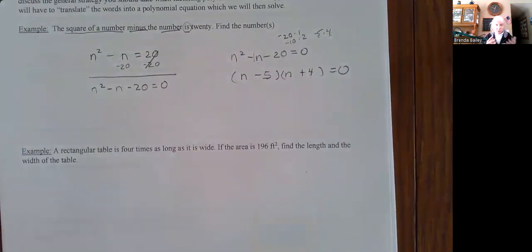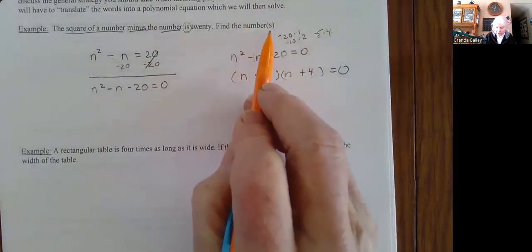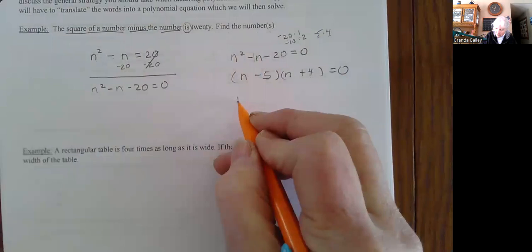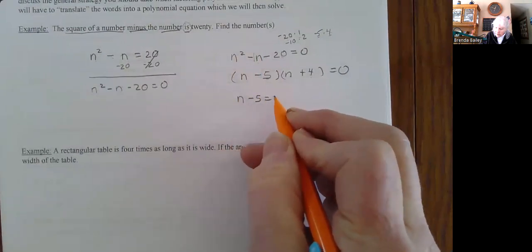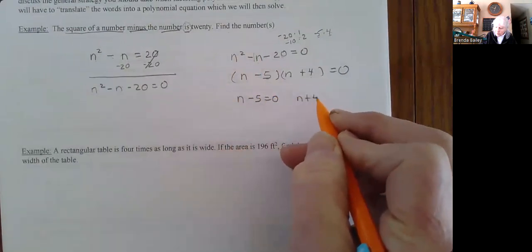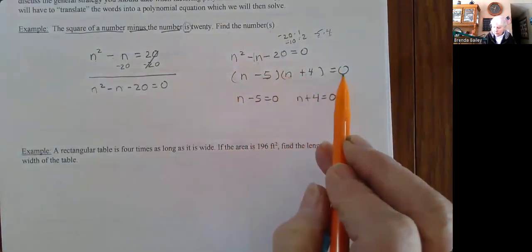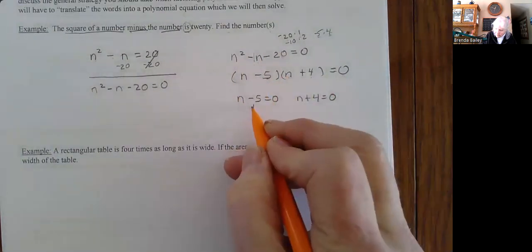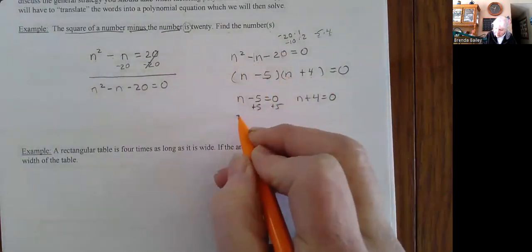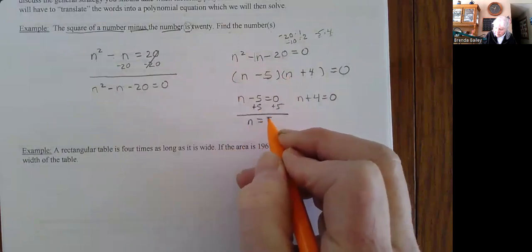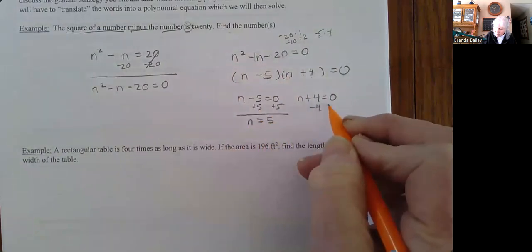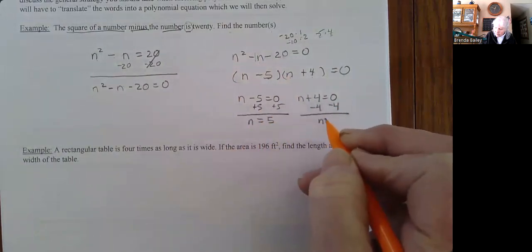So now we have two numbers, all right, because you notice, find the numbers. That could work. We have n minus 5 equals 0, n plus 4 equals 0. One of those has to be 0 in order for the product to be 0. Add 5, n equals 5, subtract 4, n equals -4.